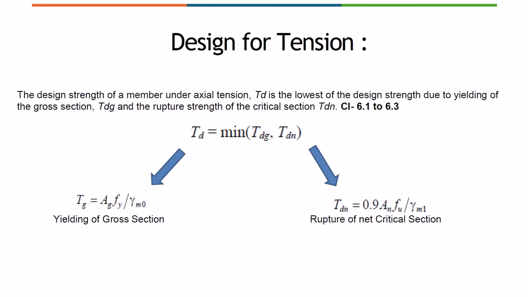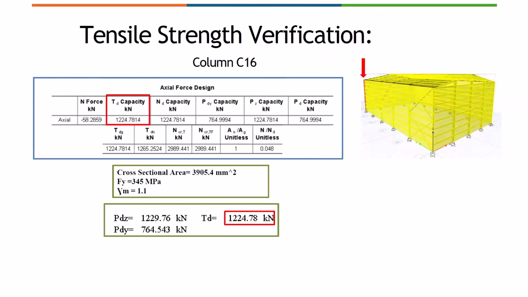Moving on to the next slide, we have performed the similar tensile strength verification for the C16 column. The design capacity, that is TD, is reported as 1224.7814, and we have also verified that manually with the help of a spreadsheet.